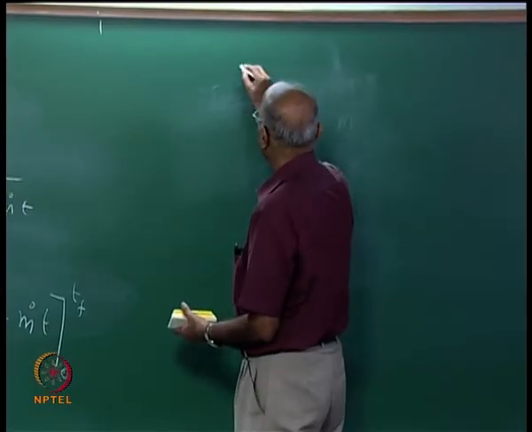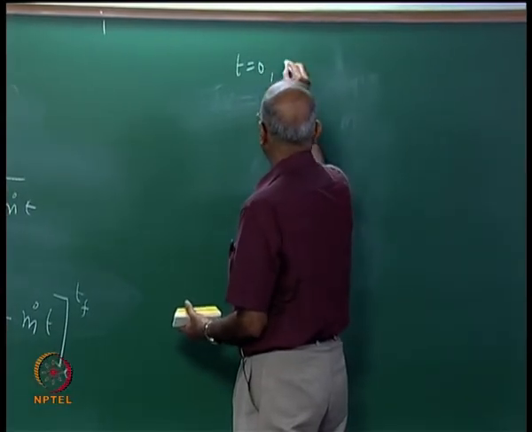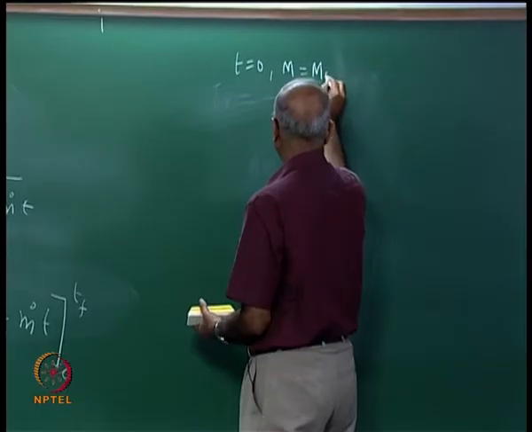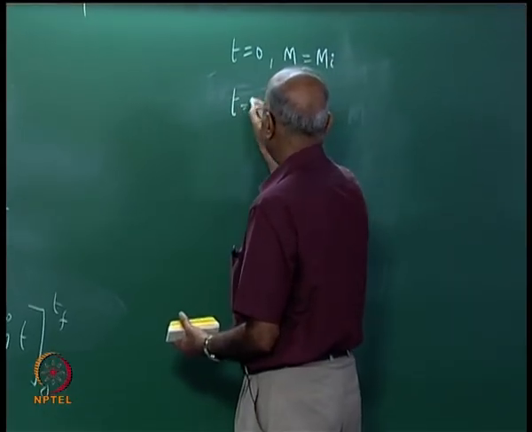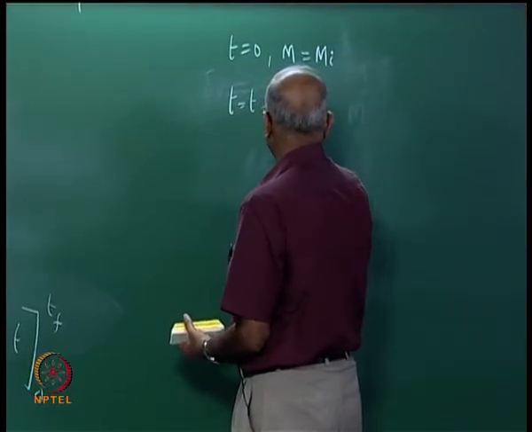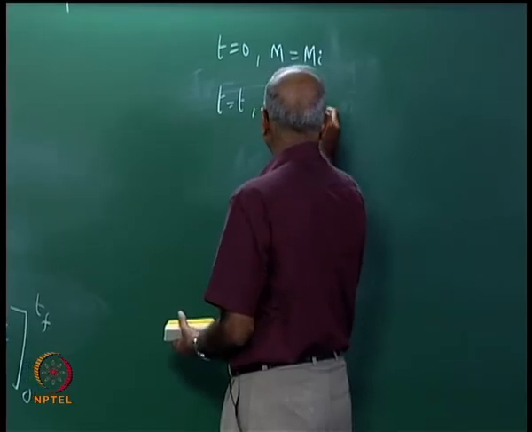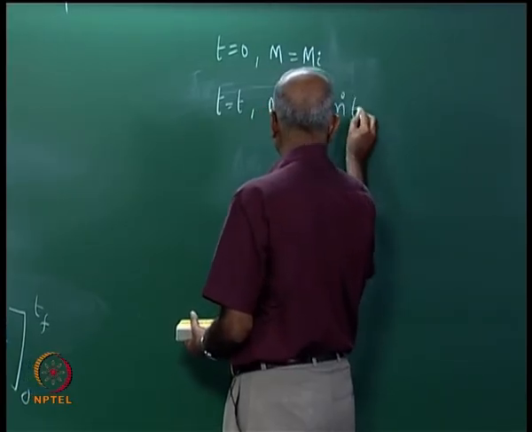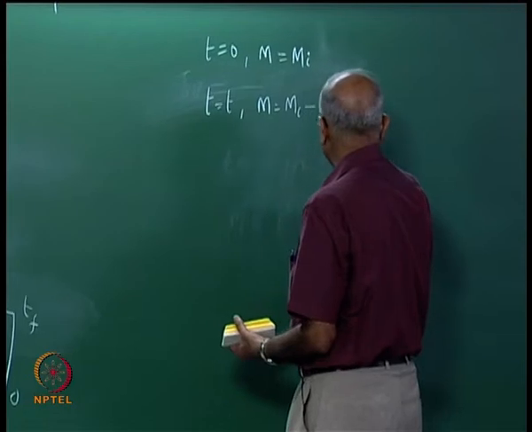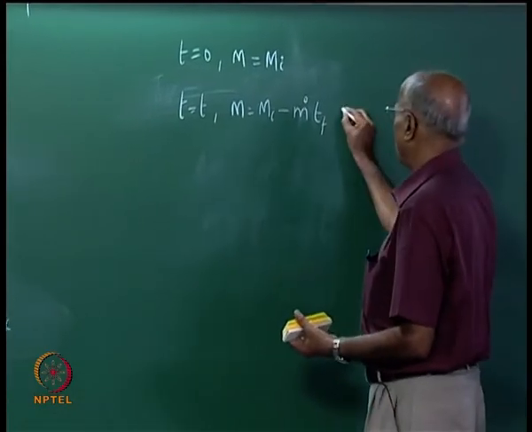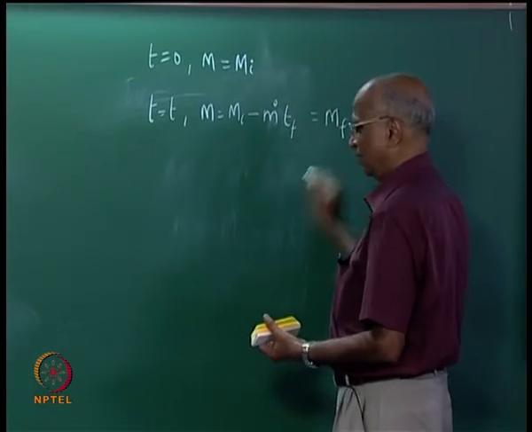The mass is mi, which is what we specify. At time t equal to Tf, the mass is equal to mi minus m dot into the final value of time, which I call as the final mass of the rocket.